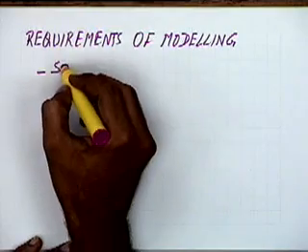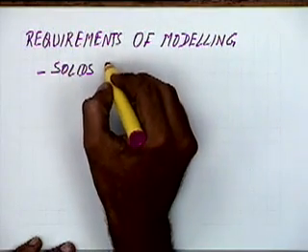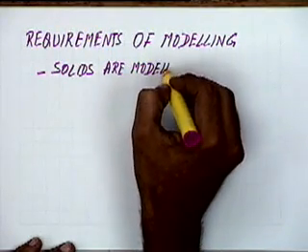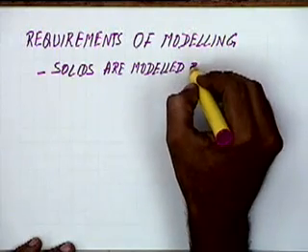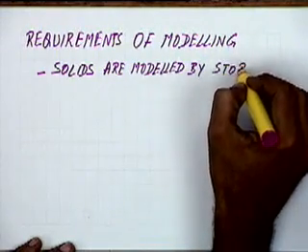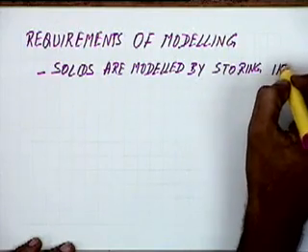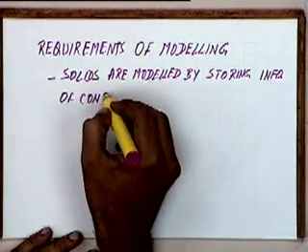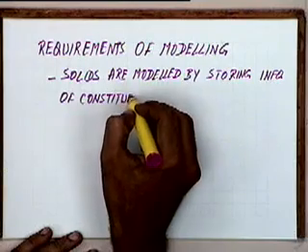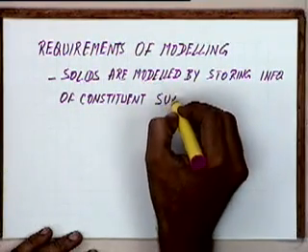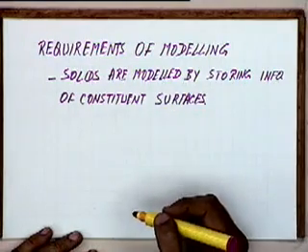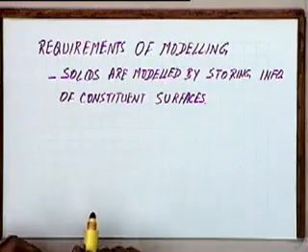The first is that solids are modeled, or have to be modeled, by storing information of constituent surfaces. If I have any solid, I cannot represent the solid unless I am able to represent the surfaces.